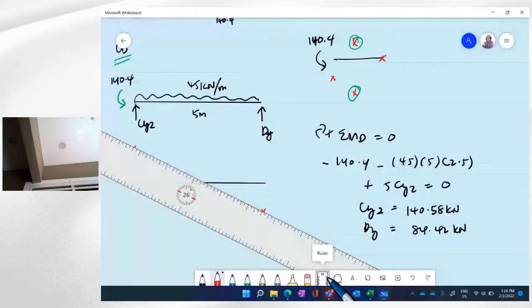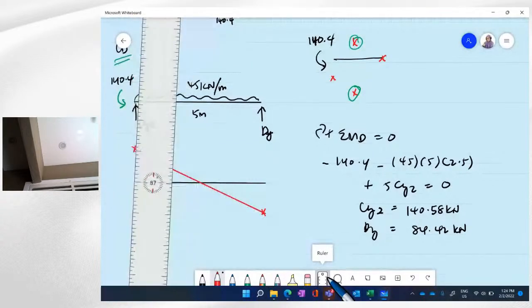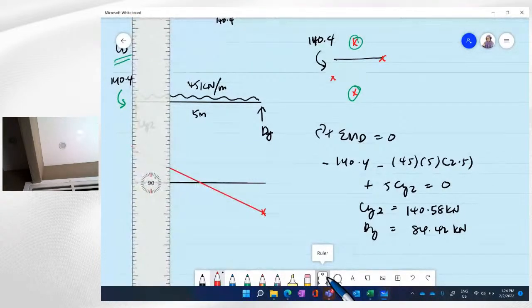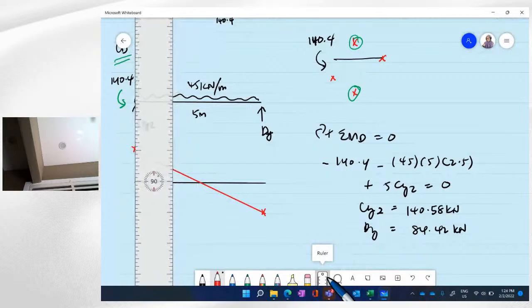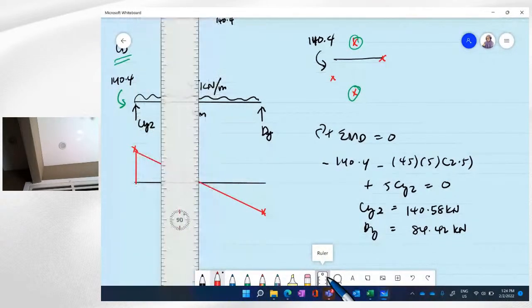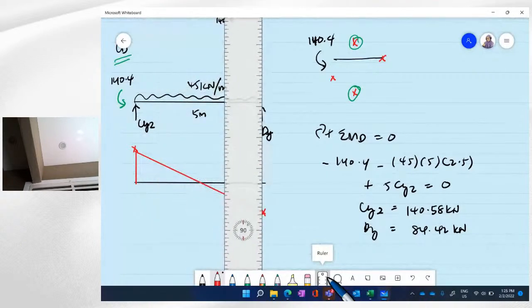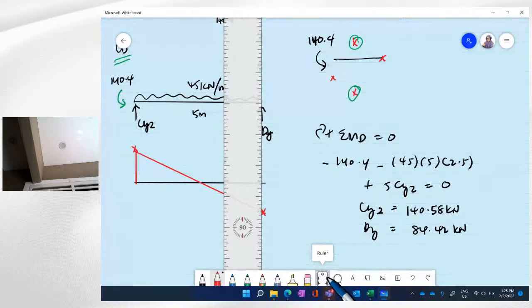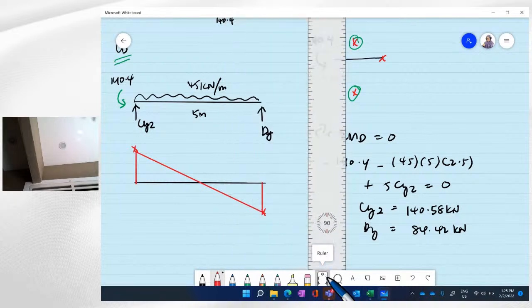Remember that the first point must be 0. It is 0 plus 140. We must minus by 225. That's why we get the negative 84 value, and then we plus back with 84.